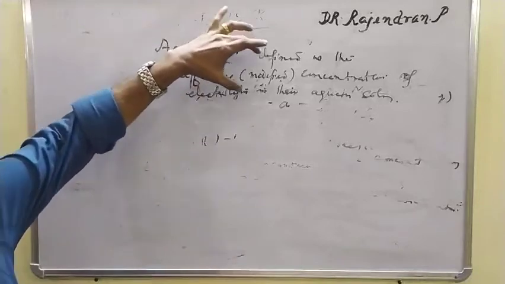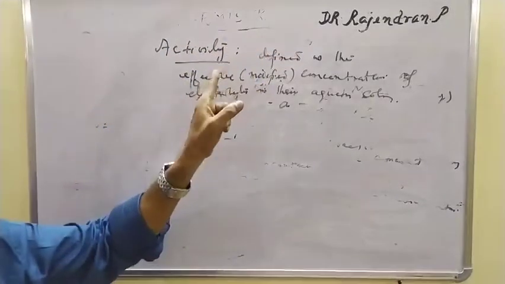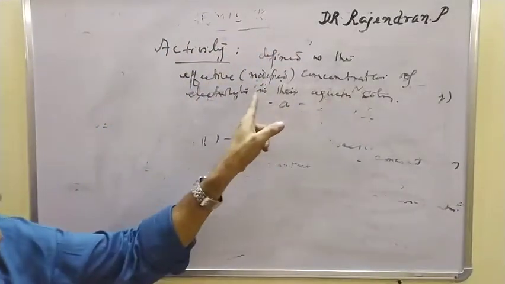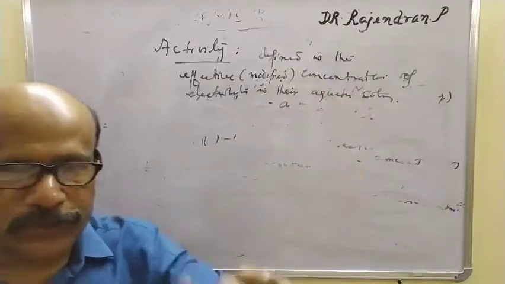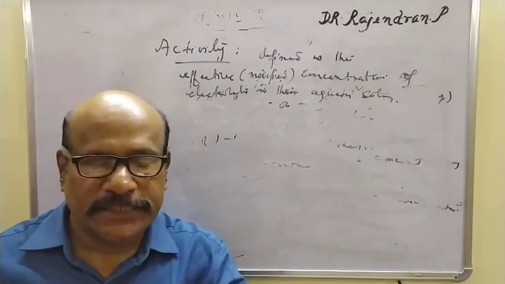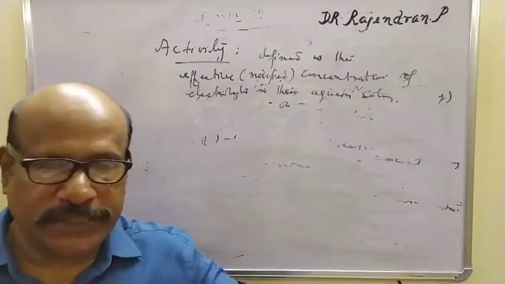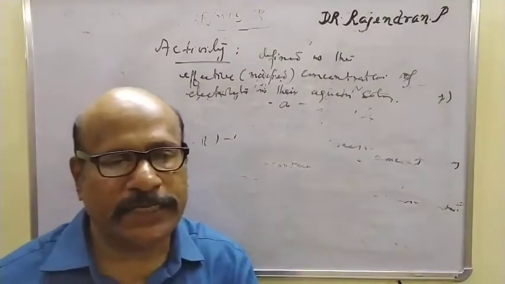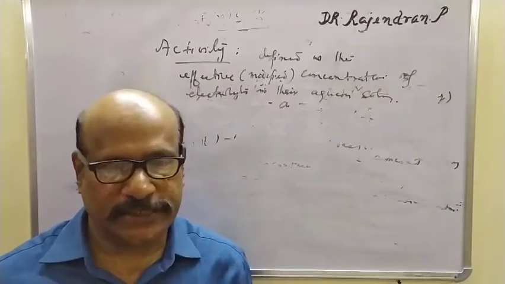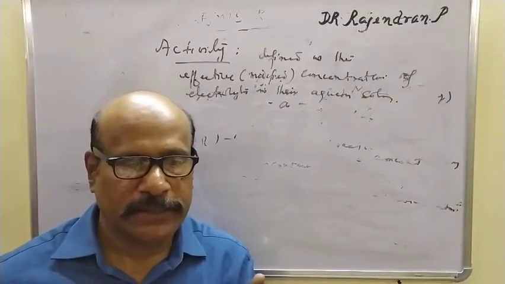The activity of an electrolyte is defined as the effective or modified concentration of the electrolyte in its aqueous solution. This is not equal to the stoichiometric concentration. The stoichiometric concentration is either molarity, molality or mole fraction; three concentration terms are employed.